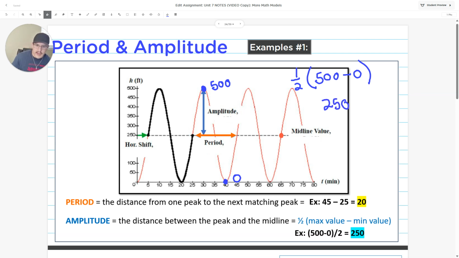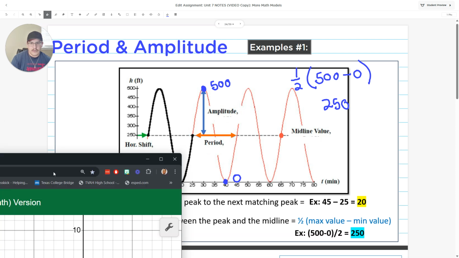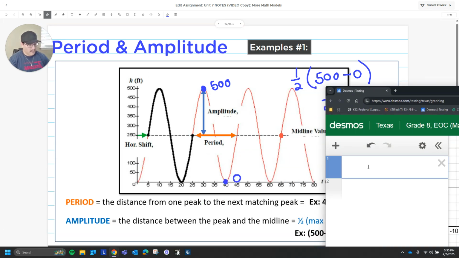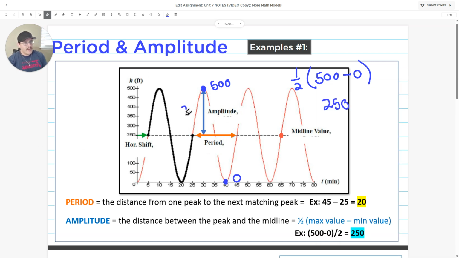If you want to plug it into the calculator, I'll show y'all using Desmos. 1/2 times 500 minus 0. And we get 250, which again is from the midline to the top, or the midline to the bottom. Both of these values are 250. And that is how you calculate amplitude.